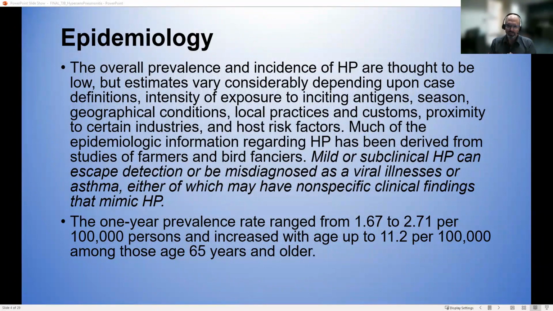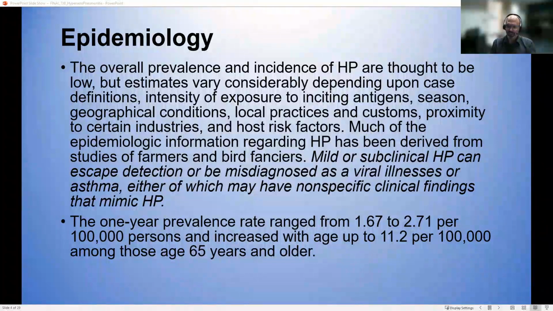The overall epidemiology, prevalence and incidence, are thought to be low, but there are challenges in case definitions, intensity of exposures, the seasonality we spoke about, and geographic conditions. Much of the information we have is from farmers and bird fanciers. A piece of the challenge that's helpful from the primary care perspective is that mild or subclinical HP can escape detection. You have to really walk in the door thinking about it.